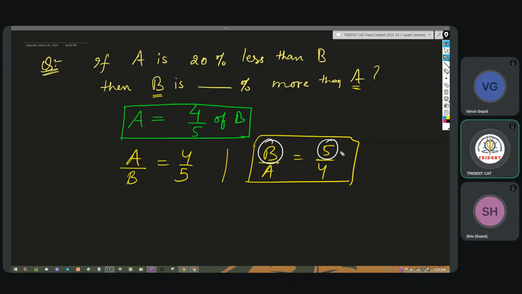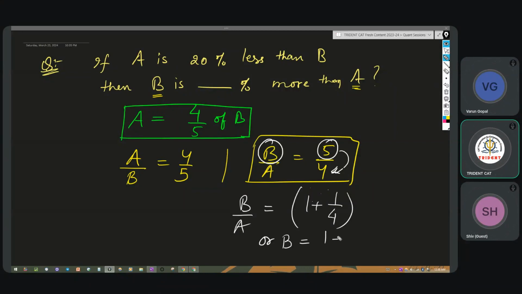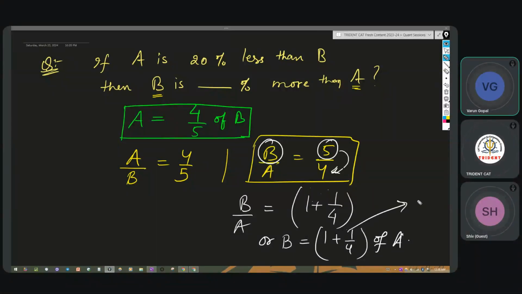This is 1 more than 4, the original number, 1 more than 4. Or you can also think of it like this: 1 plus 1 by 4. This is what? 25%. So how much more? 25% more.